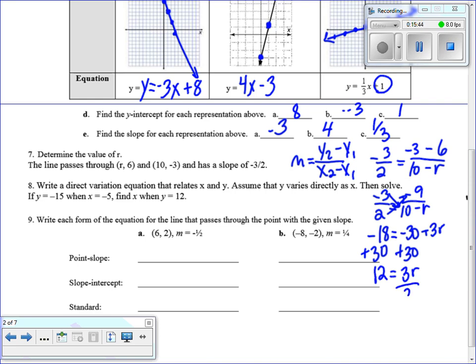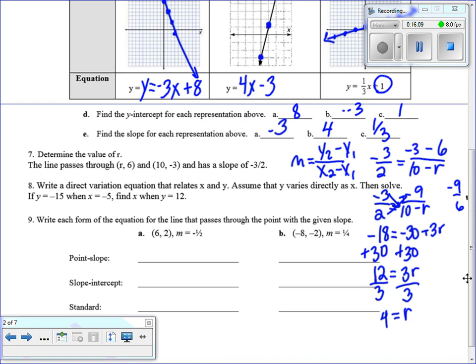And then divide everything by 3, and we get r is equal to 4. You could go back and check your answer. Negative 3 minus 6 is negative 9, over 10 minus r, so 10 minus 4, which is 6. And that would simplify down to negative 3 over 2.